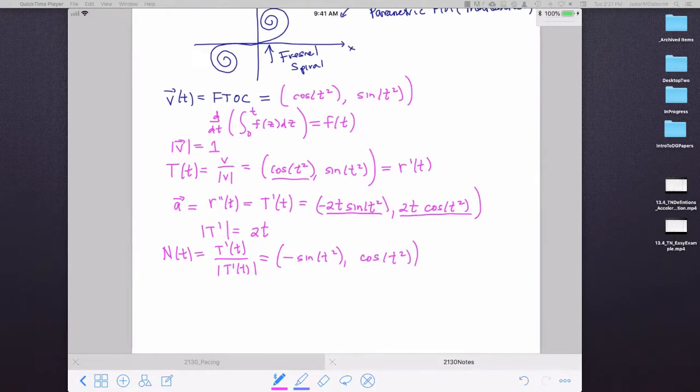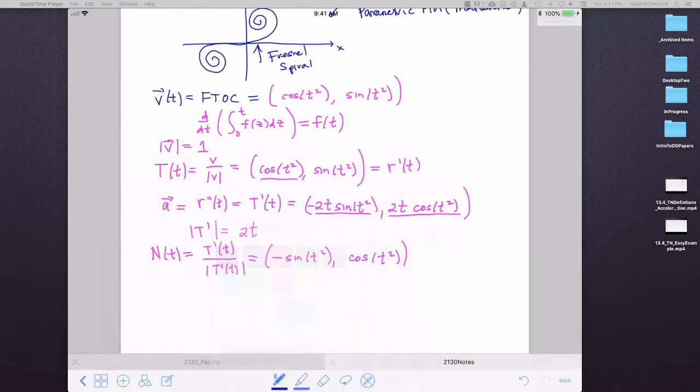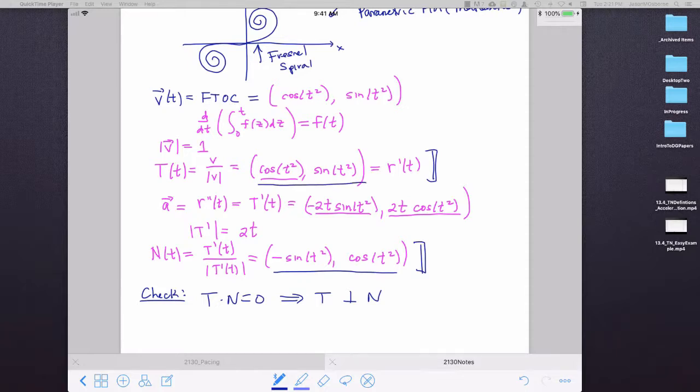So here's your vector for T. Here's your vector for N. And again, you should check that T dotted with N is equal to 0, which implies that T is perpendicular to N. In the last video we showed that T is always perpendicular to N, but here you have another example to check. Dot product this vector with this one and you will get 0.